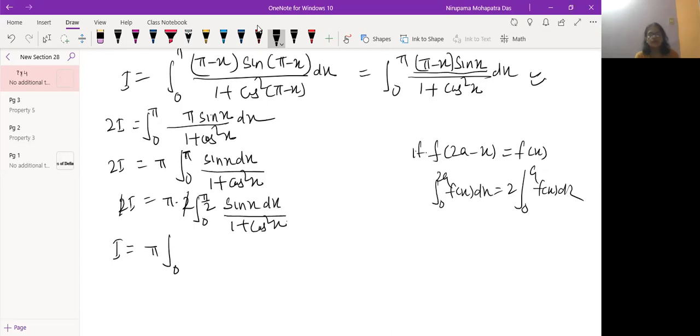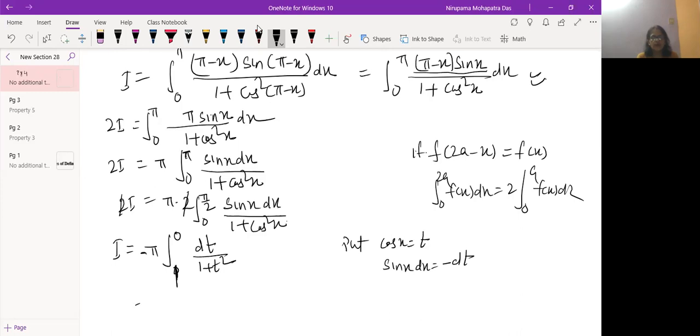Now putting cos x equal to t, sin x dx is minus dt. When x equals 0, t equals 1. When x equals pi by 2, t equals 0. Now you get minus dt divided by 1 plus t square.